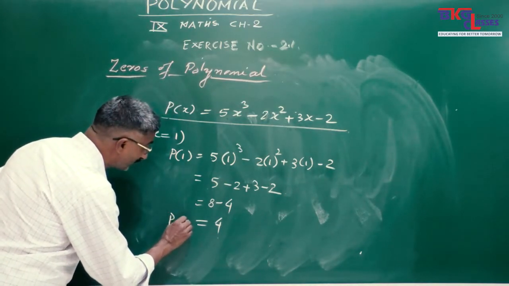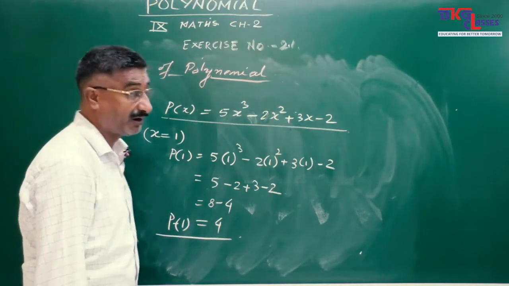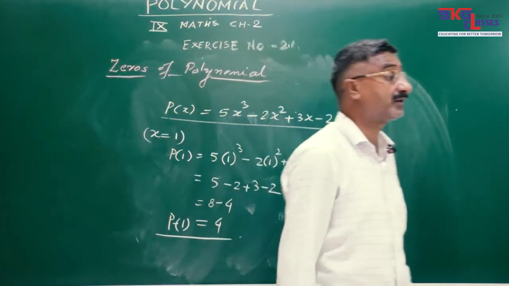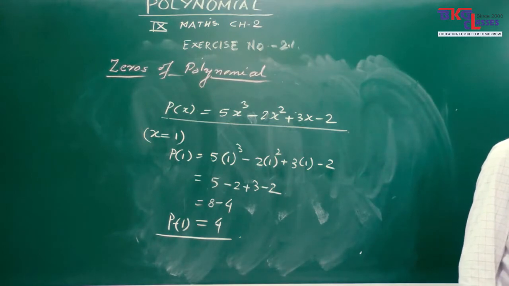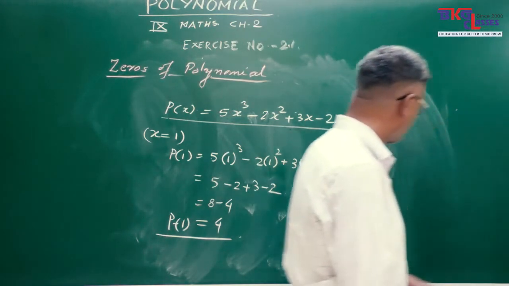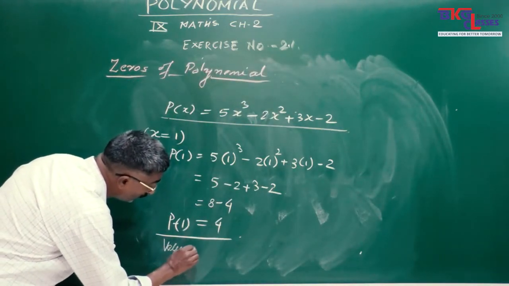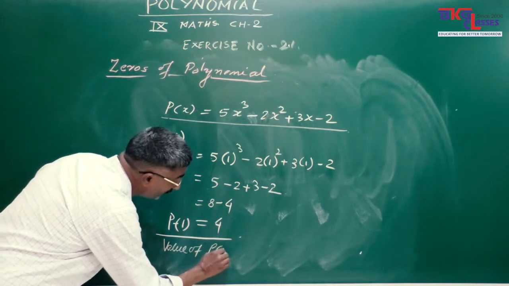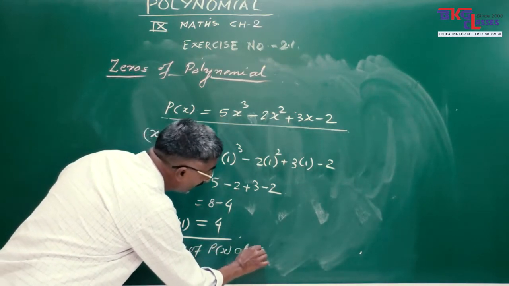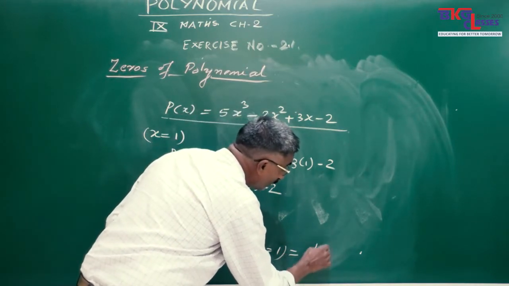So, when we substitute x = 1, the value of p(1) is equal to 4. So, we can say that the value of p(x) at x = 1 is 4.